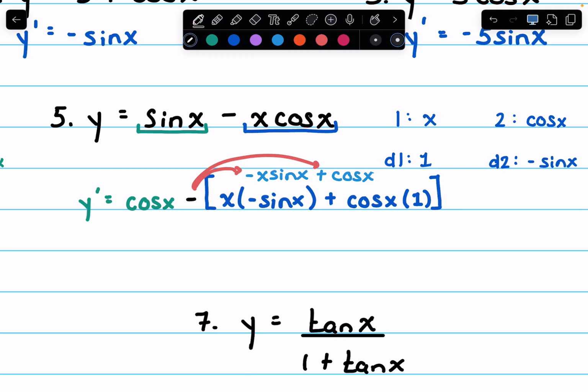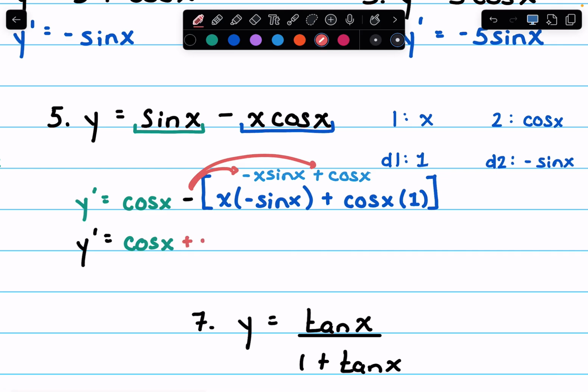So that's, still have cosine x, not doing anything with that. And then I have positive x sine x minus cosine x. Okay, well, I have like terms, right?